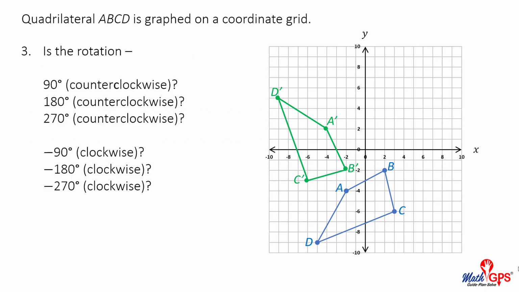Number 3, is the rotation a 90 degrees counterclockwise rotation, a 180 degrees counterclockwise rotation, a 270 degrees counterclockwise rotation, a -90 degree clockwise rotation, a -180 degrees clockwise rotation, or -270 degrees clockwise rotation?